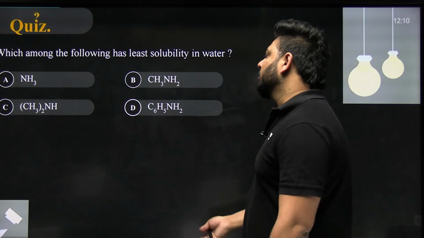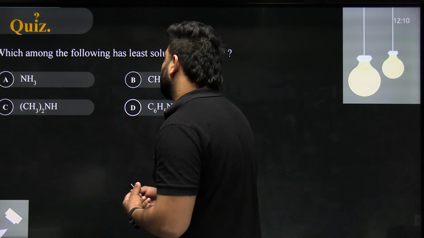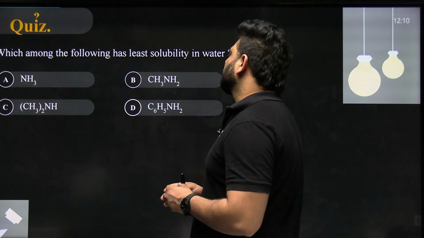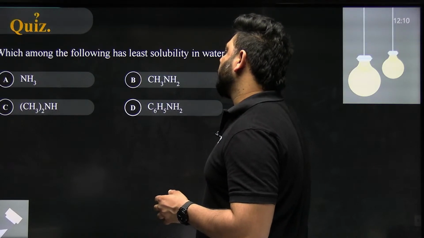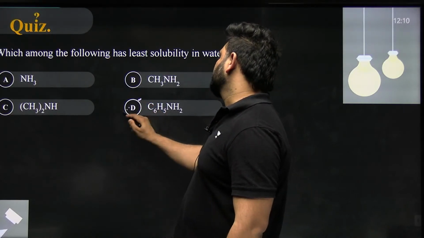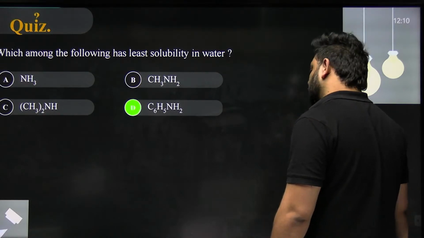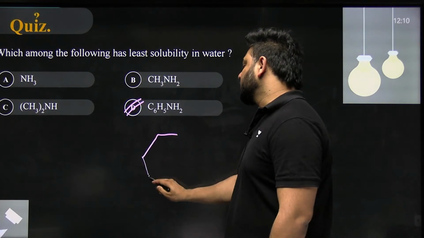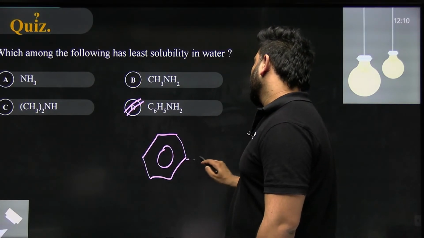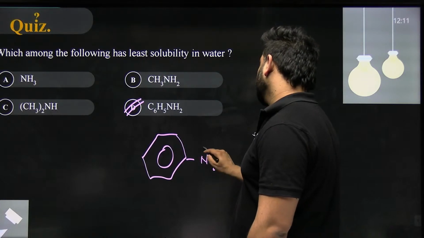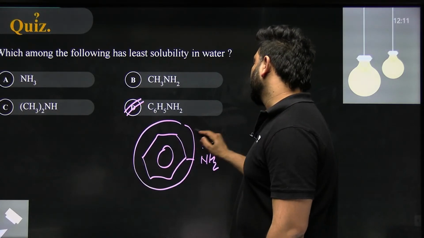The least solubility will be of 3 degree undoubtedly. And I think not just 3 degree, it should be this one, because this benzene ring is hydrophobic in nature, everyone, and it's a bulky thing. This is your hydrophobic part.